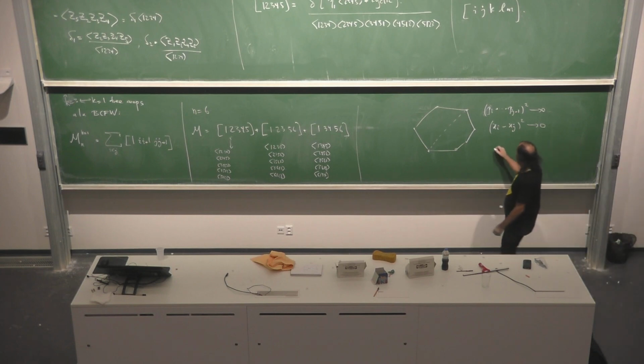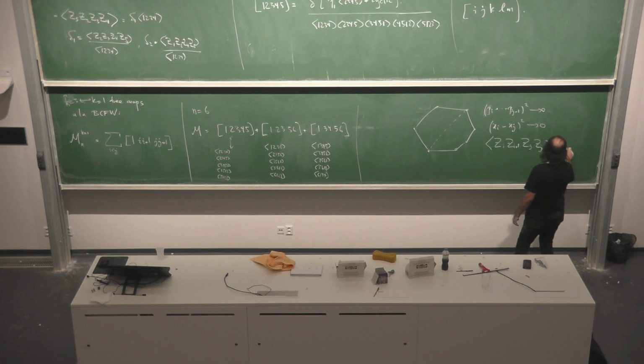And this means when the 4 bracket (z_i, z_{i+1}, z_j, z_{j+1}) goes to 0.